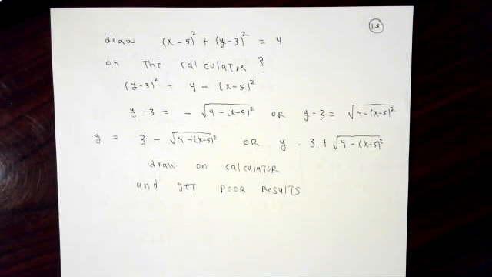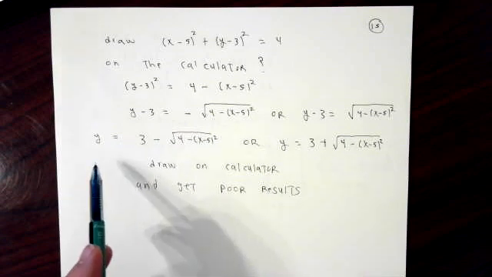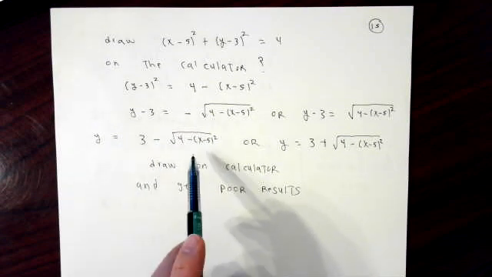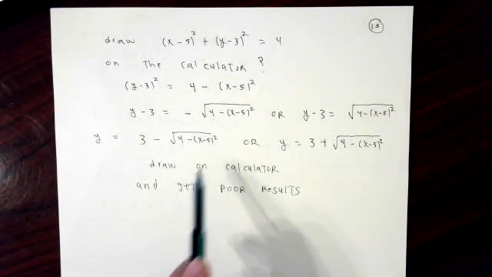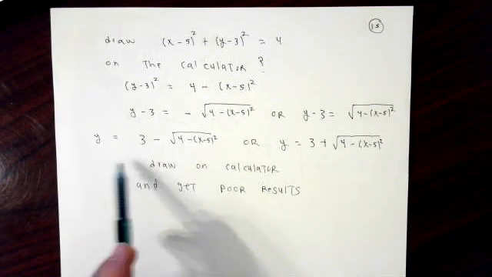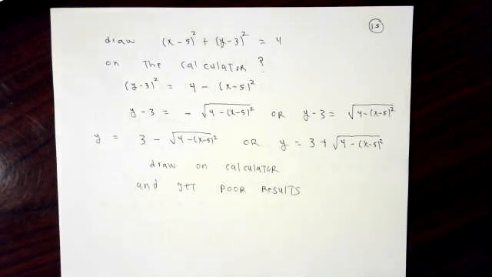If it's the other choice, add 3 to both sides of this, and y is 3 minus radical 4 minus (x minus 5) squared. Obviously, these y numbers are going to be smaller than these y numbers. So my circle is going to be described in 2 chunks.